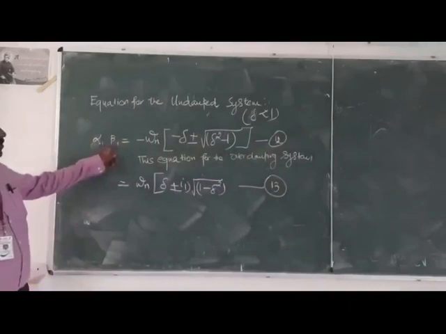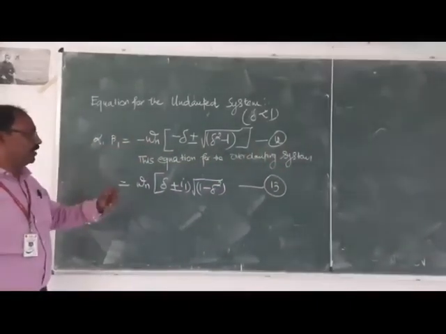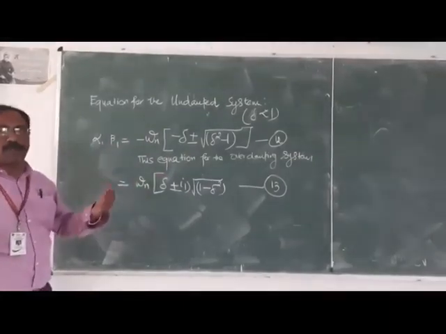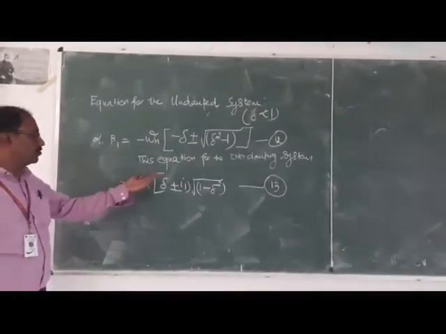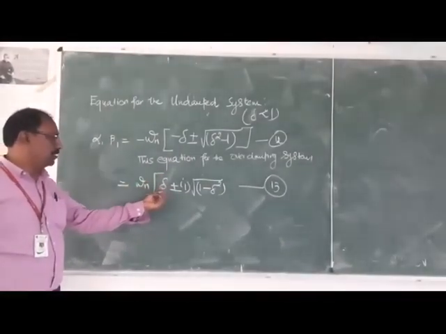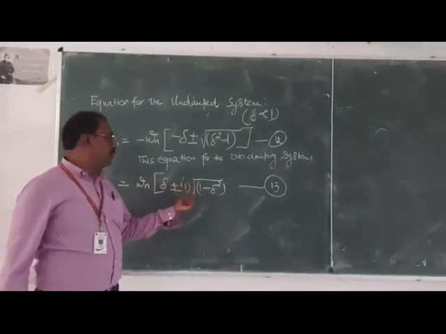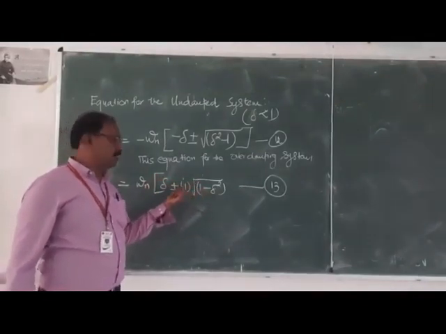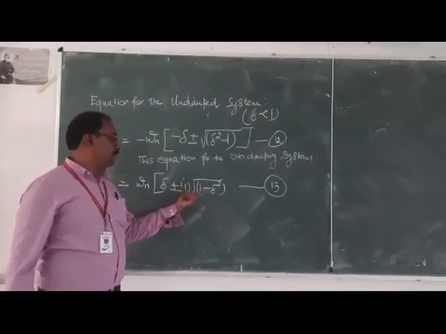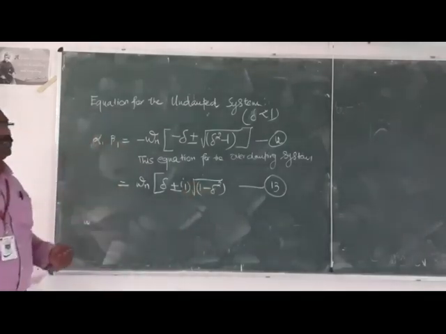This is the equation for the overdamping system. Here I am taking inside the root minus 1, which means it is an imaginary number: minus plus i root of 1 minus rho square. This is equation 13.